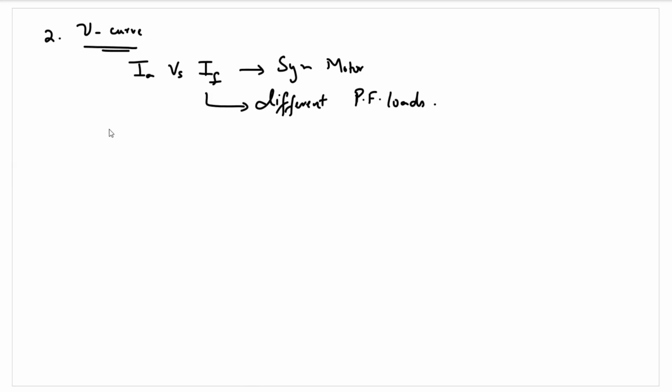So, what happens with the changing IF in the case of a synchronous motor is when we increase IF, EA will increase. An increase in IF, however, does not mean that real power will increase. Real power will remain constant.